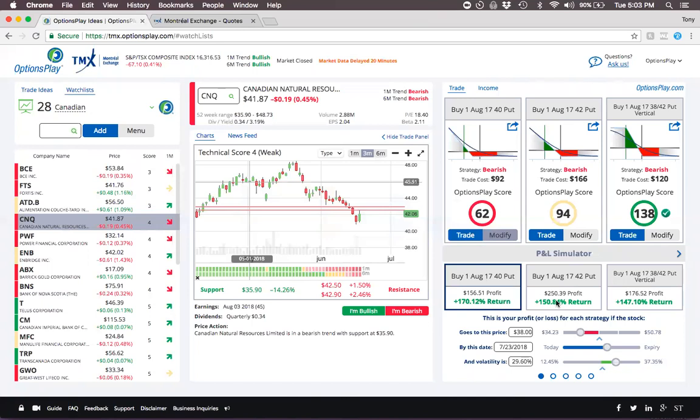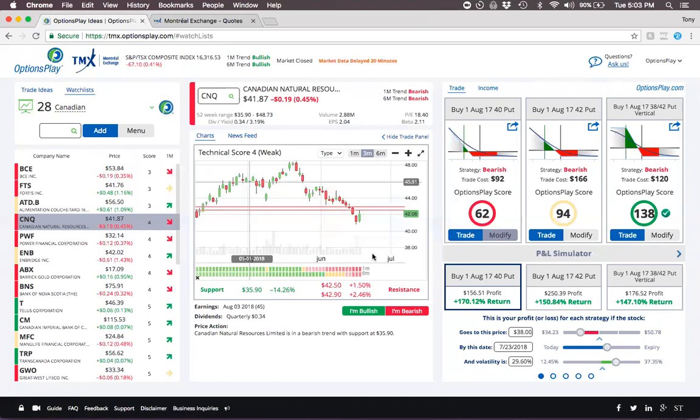Volatility contributes a very, very small percentage of your gains and losses. That's why we've shied away a little bit from volatility, because we find people focus too much on that and not enough on the directional view, which is really where your exposure is.